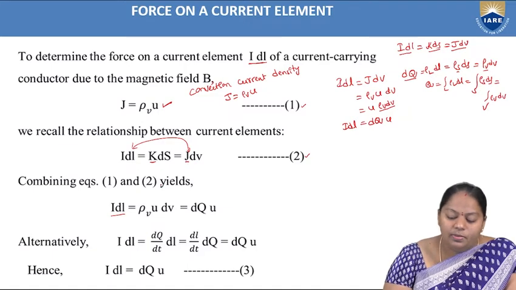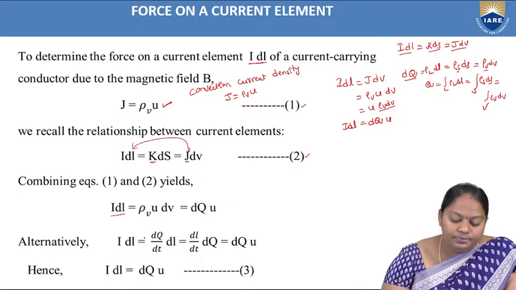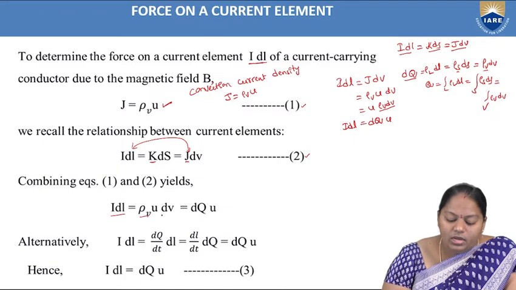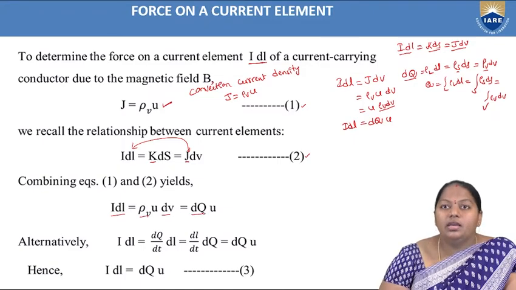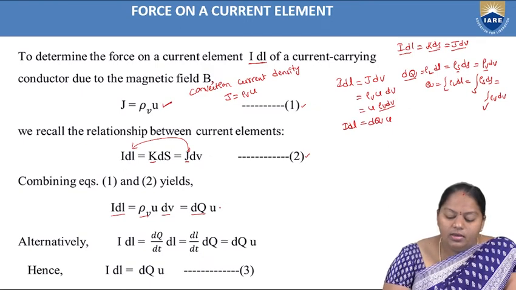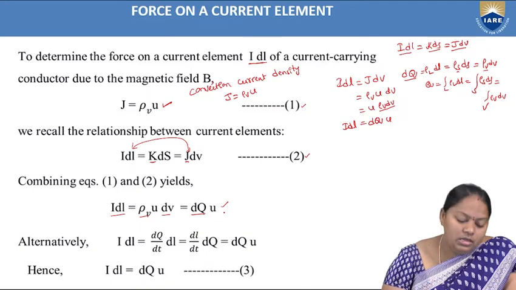If we substitute J by the convection current density value rho V into U, then IDL equal to rho V into U into dV, where rho V dV is replaced by dq, so IDL is equal to dq into U as one relation.